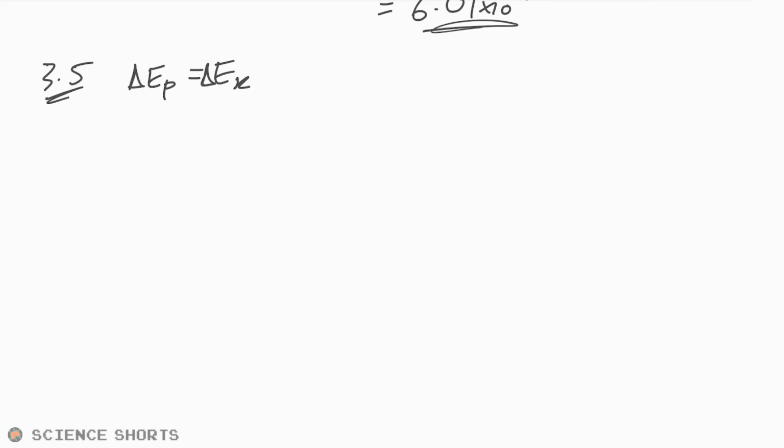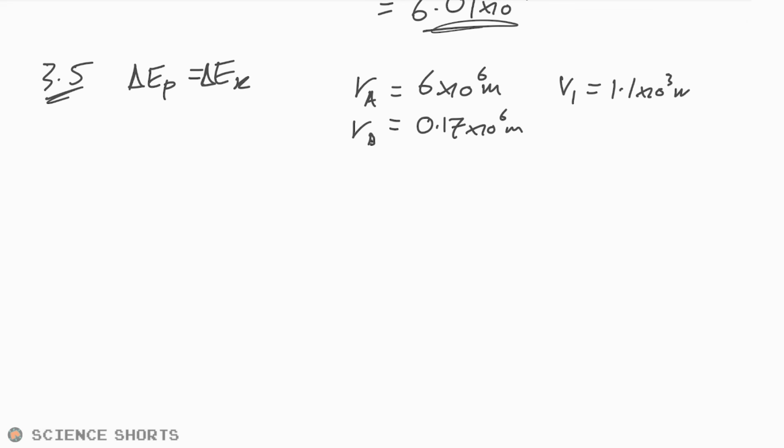Okay, fine. So we have, let's say RA, that's the distance to the planet to begin with. And so that's just going to be 6 times 10 to the 6. And then B afterwards, that is 0.17 times 10 to the 6. And we have the speed before, that's 1.1 times 10 to the 3 meters per second.